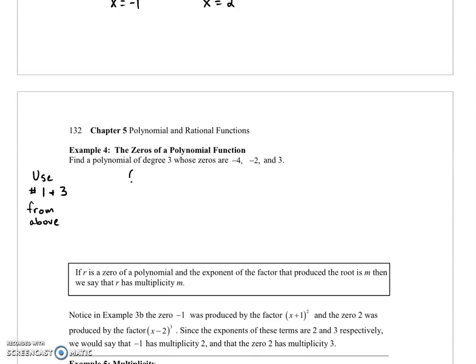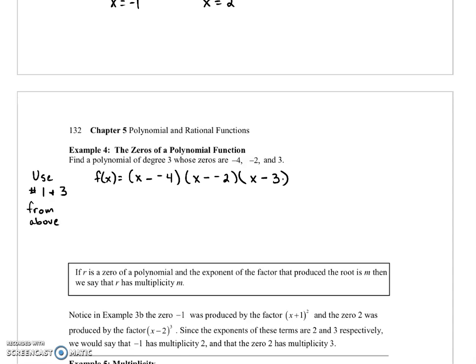we can say f of x equals x minus a negative 4 times x minus a negative 2 times x minus a positive 3. Degree 3 means we'll only have 3 factors.